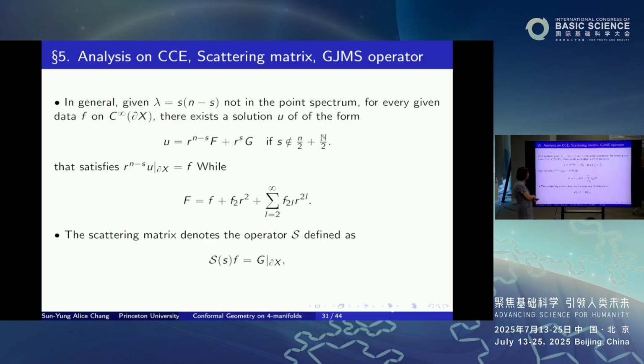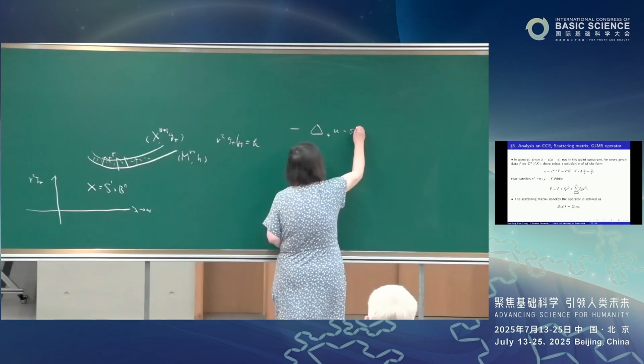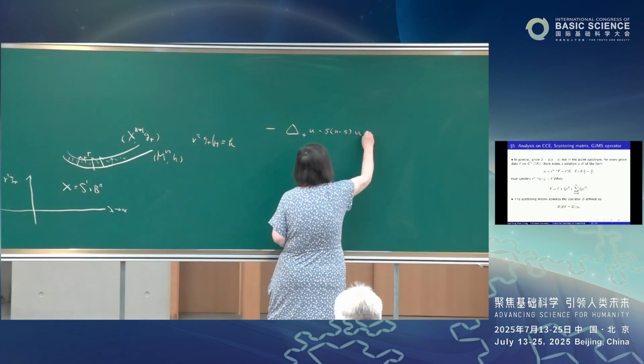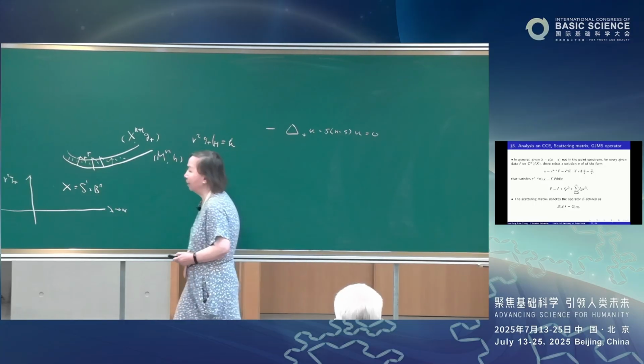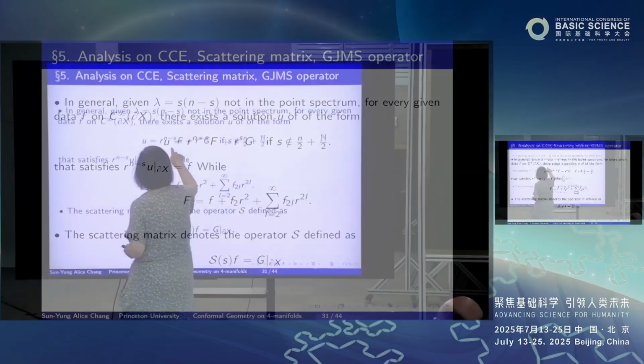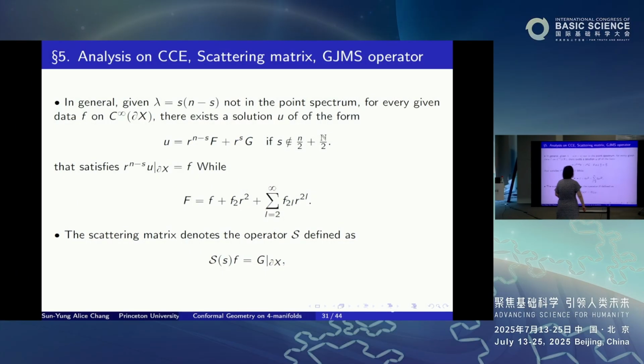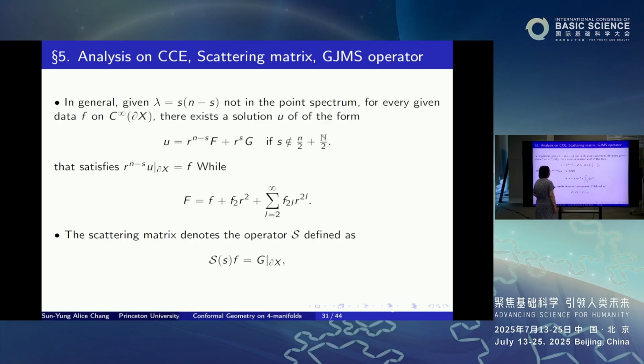And now, once one solves this equation, minus Laplace plus s(n minus s) u equal to 0, I'm looking at this equation, and then it has asymptotic data, r^(n minus s) and r^s, the scattering. These are r^(n minus s), r^s, the approximate solution, so we write that down.